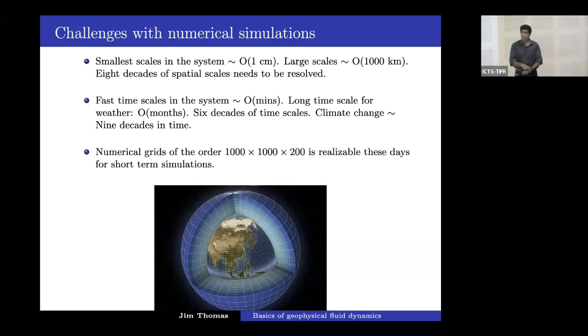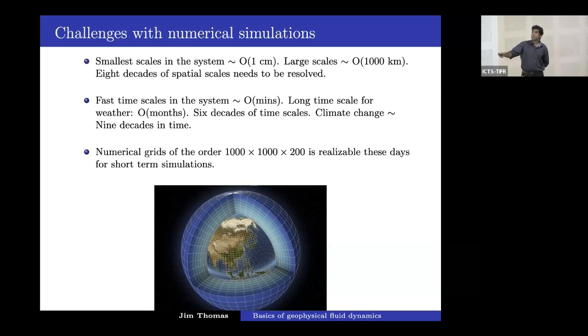Okay, so now here's a slide on a difficulty with numerical simulation. If you think about the scales we have to resolve, the smallest scale in the atmosphere and the ocean is of the order of a centimeter. This is the scale at which viscous dissipation happens, so all the energy that we put into the atmosphere and the ocean gets dissipated at these scales. The larger scales are of the order of the radius of the planet, about 1,000 kilometers.